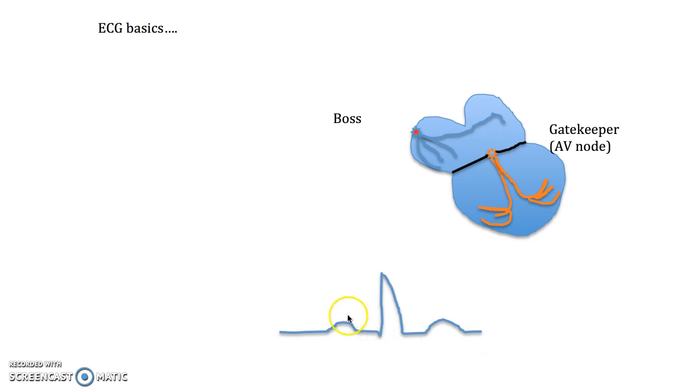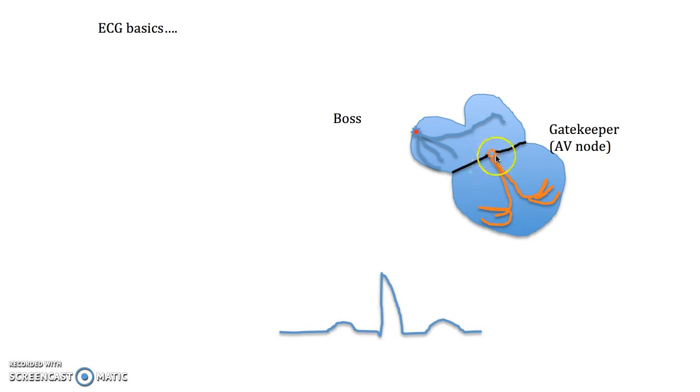So here we have the P wave. The P wave is showing us what's going on upstairs in the heart. It's showing us what's going on with the atria, okay? So when we see a P wave, we know that the atria have depolarized, okay? The pause here is this section here.